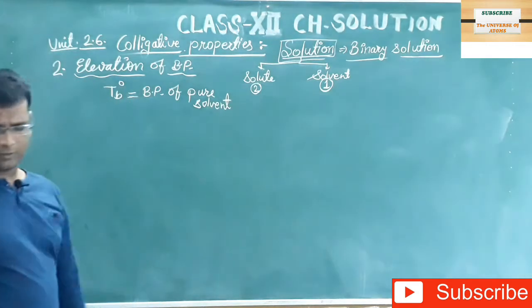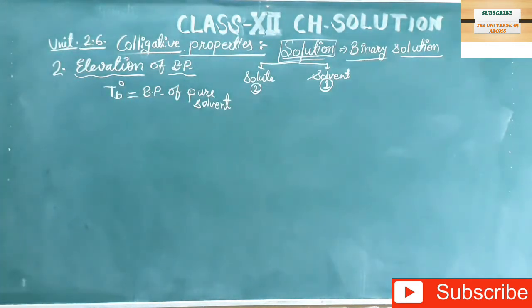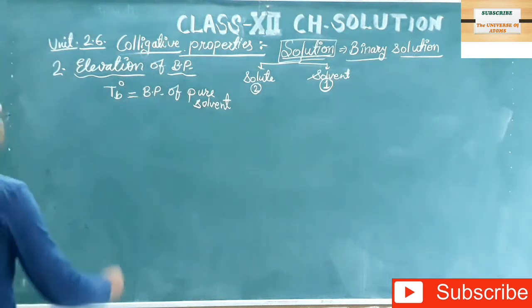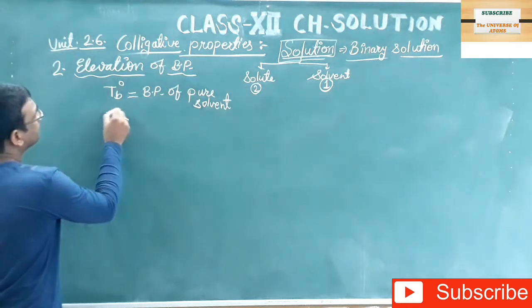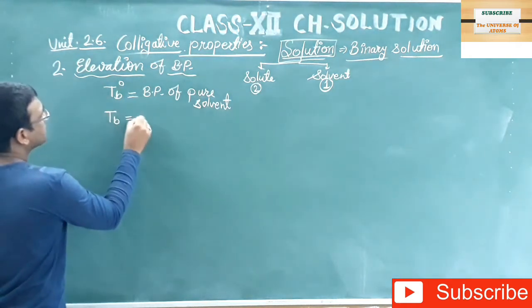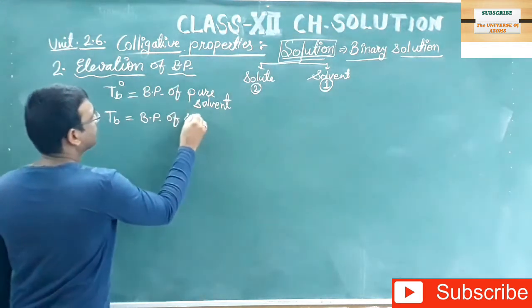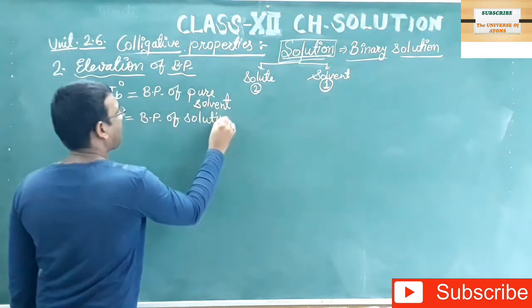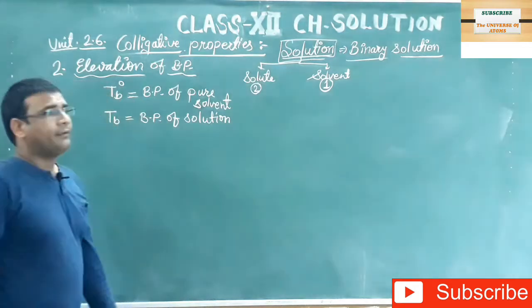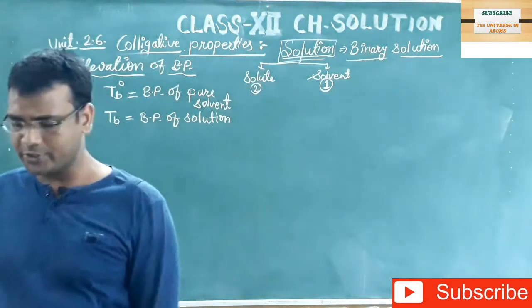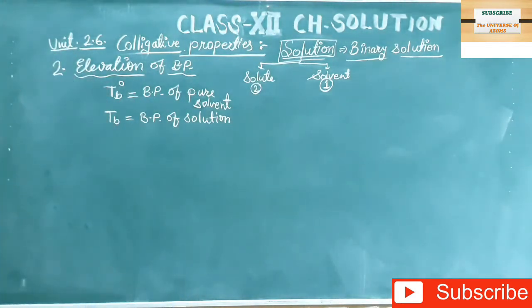This is the notation we'll be using in this colligative property. Then TB is the BP of solution. These are the notations we'll be using in this chapter.